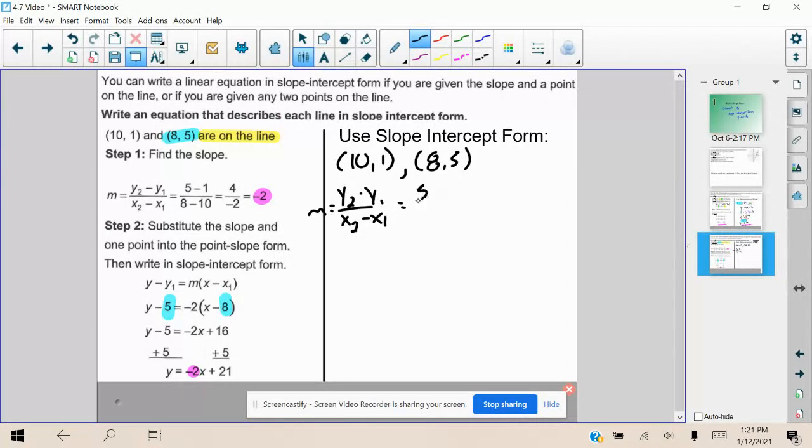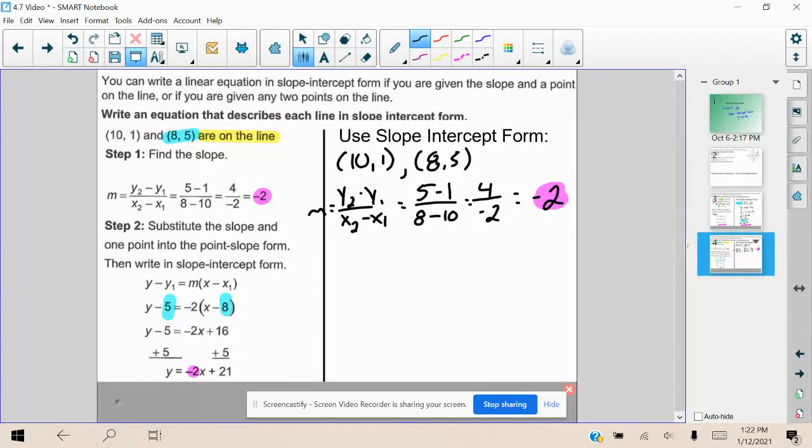When we do that, again, we get 5 minus 1, just like it is over on the left-hand side, over 8 minus 10, which is 4 over negative 2, which is negative 2, which should be the exact same slope because we literally just did exactly what was on the screen to the left-hand side. So I didn't mess up there.